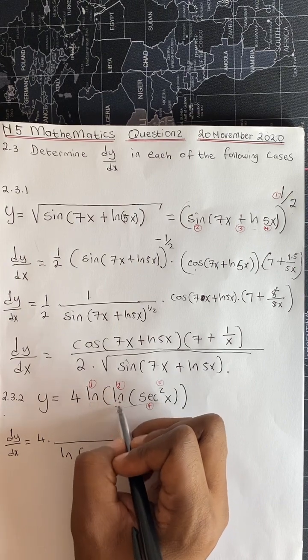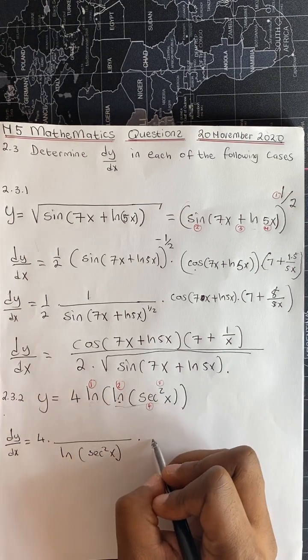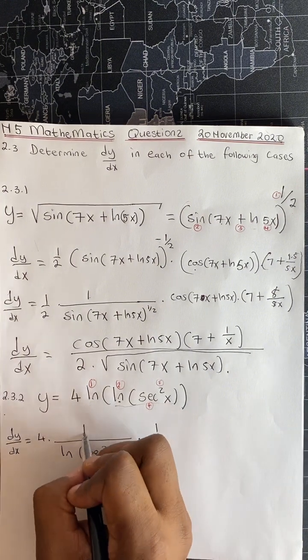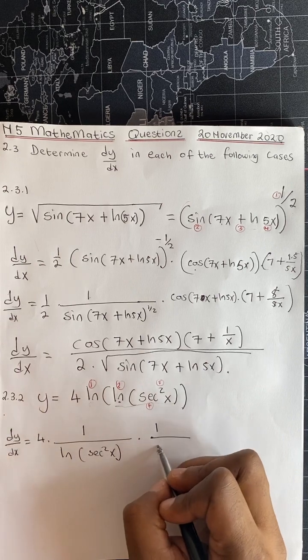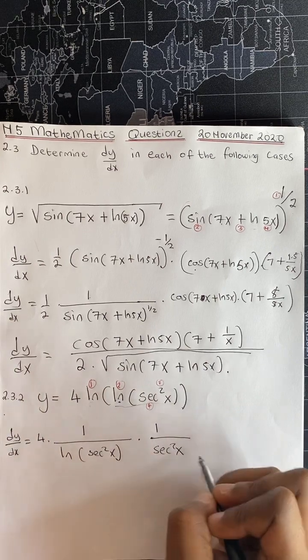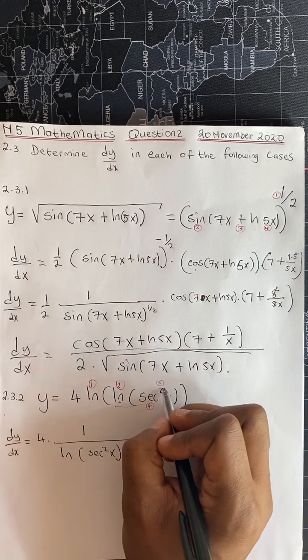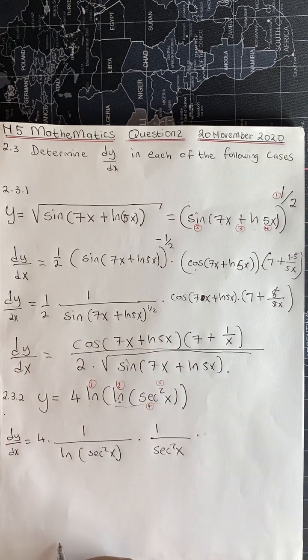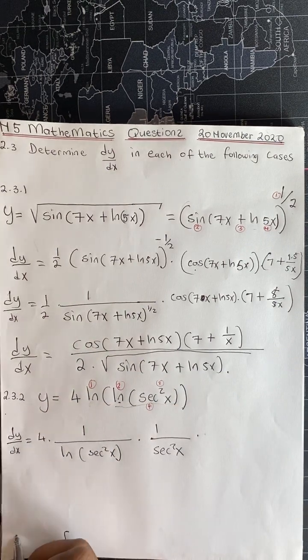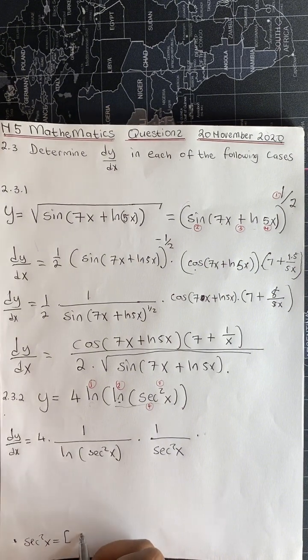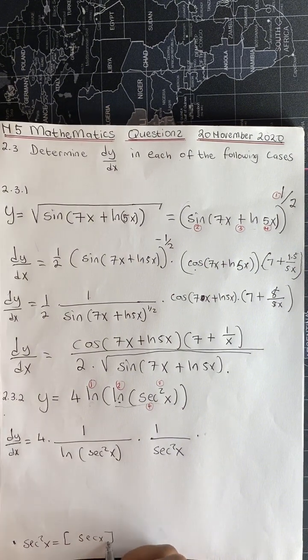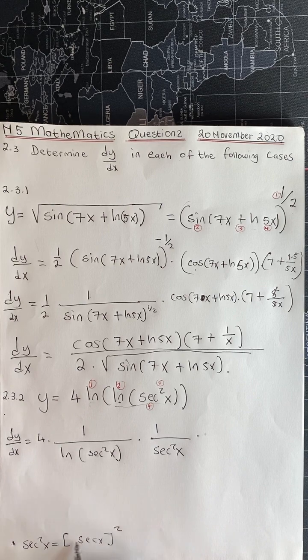The derivative of this ln will be 1 over whatever is inside the ln, in this case the sec squared x, and from here we have to differentiate the parentheses. We can express sec squared x as sec x, all squared.